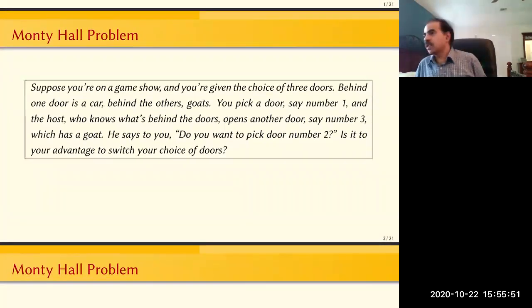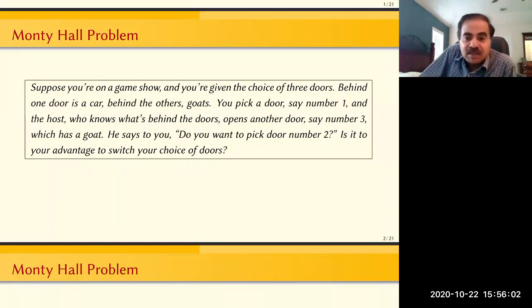So let's start with, how many of you have heard of the Monty Hall problem, or not necessarily that you should have, but some of you may have. Anybody? Good.